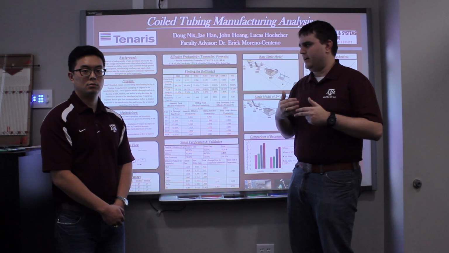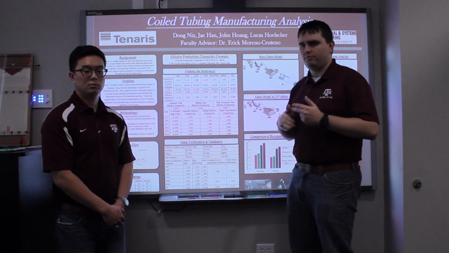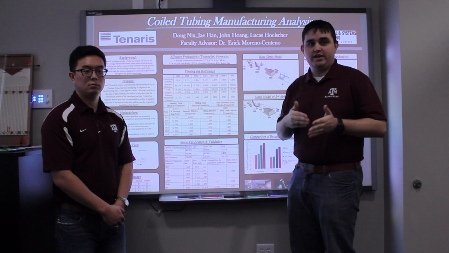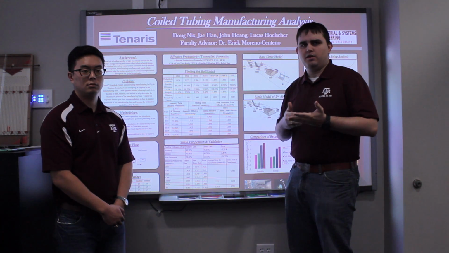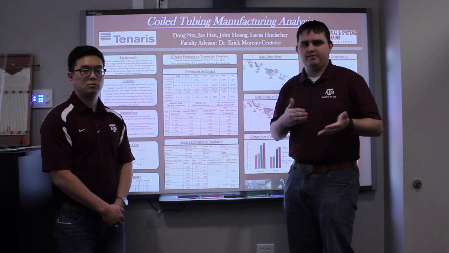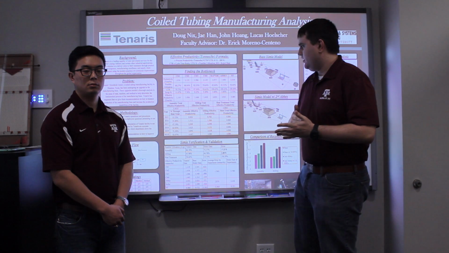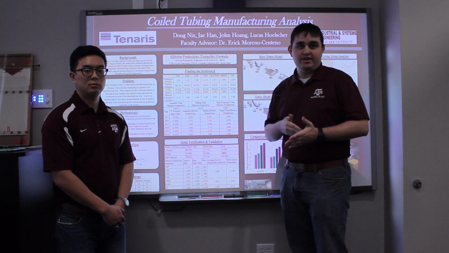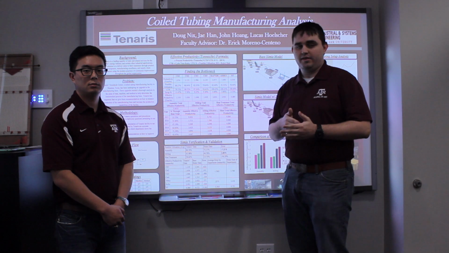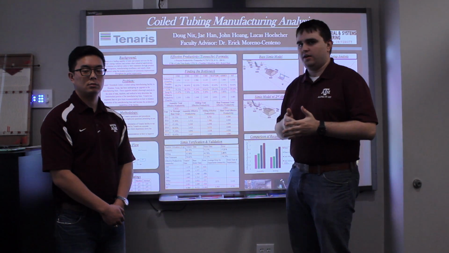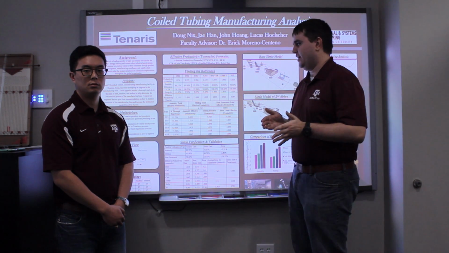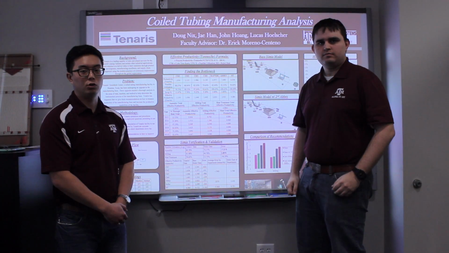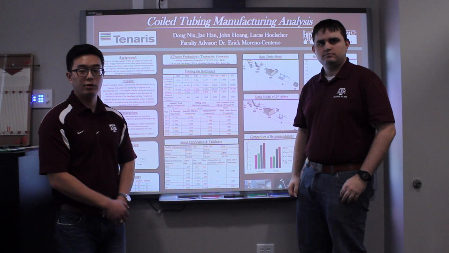The numbers they gave us for heat treatment were based off projections from other heat treatment departments in other facilities that Tenaris owns. The problem with this is that those heat treatment departments in their other facilities are for seamless straight pipe and not continuous coiled tubing. We've altered the parameters to better fit the model.